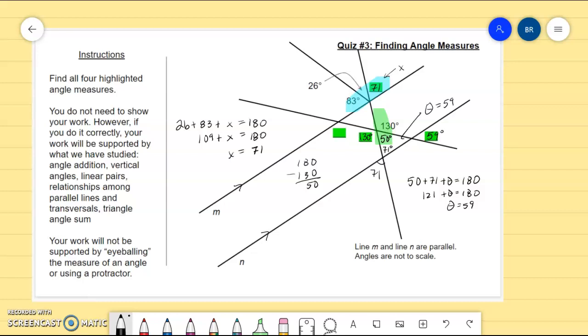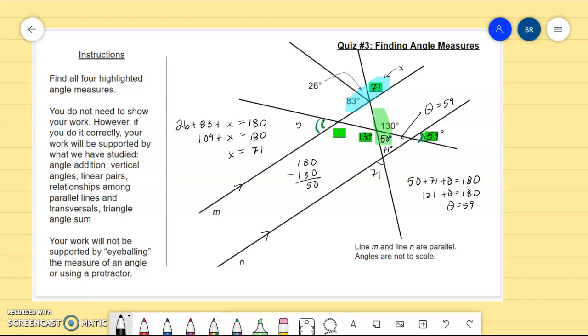Okay, I've got every one except this guy over here. How am I going to find that guy? Got it. This angle right here is congruent to this angle right here because they are alternate exterior angles.